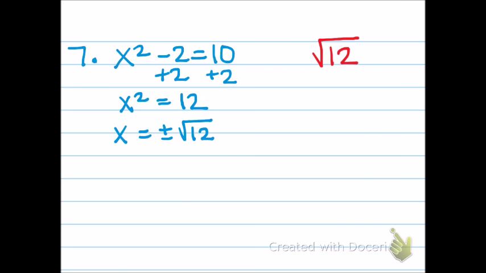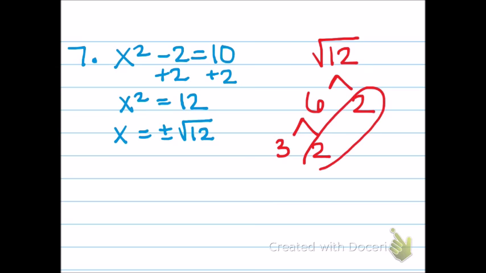Square root of 12 goes into 6 and 2, and then 6 goes into 3 and 2. So since 2 and 2 are together, they can leave the party, so that you get 2 square root of 3. So your answer is x equals plus or minus 2 square root of 3.